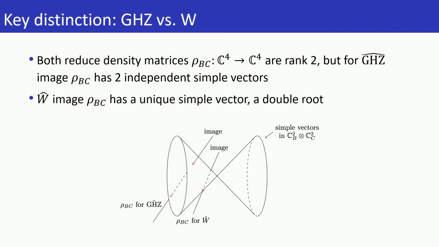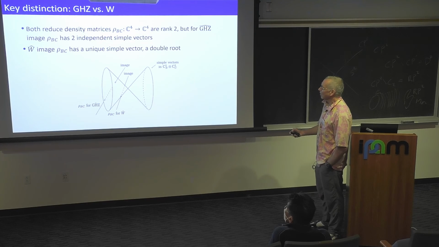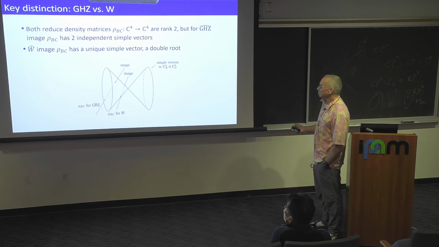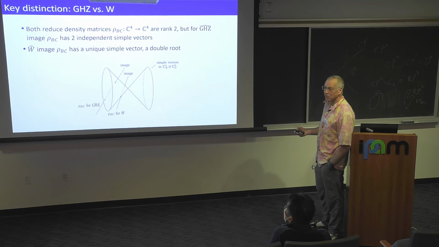Now, that sounds kind of goofy because algebraic geometry is going to tell us that there should be two vectors, because, as I pointed out, the simple guys are a quadric, and we're asking for how many intersections there are of a projective line with a quadric, and the answer algebraically is 2.